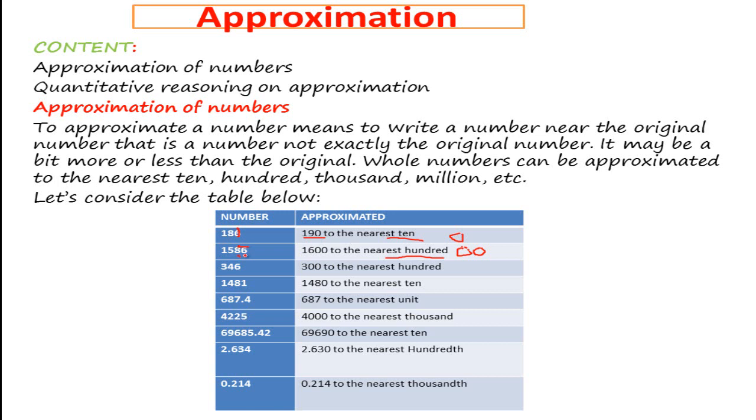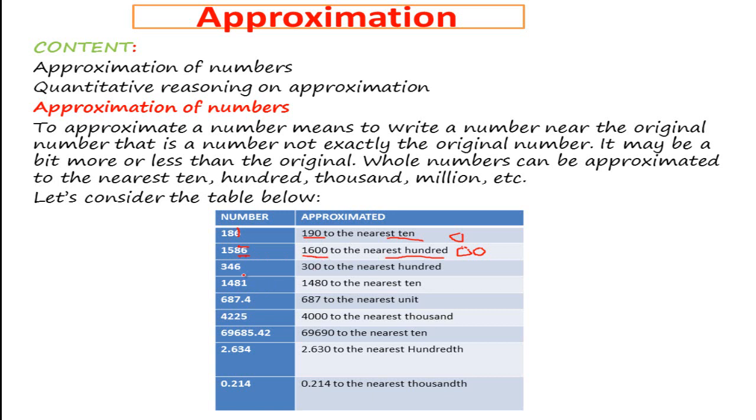However, 8 is greater than 5. Then you round it up to 1 and add it to the closest number to 8, which is 5. Adding 1 to 5 turns it to 6. That's why we get 1600.